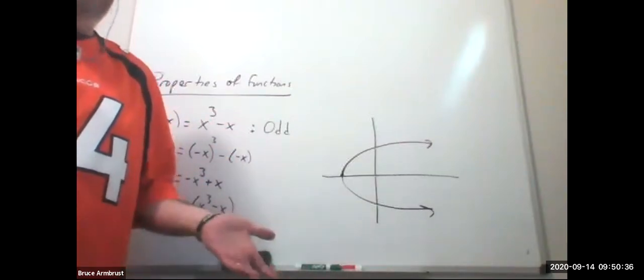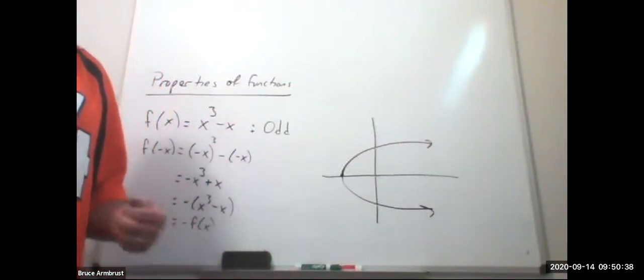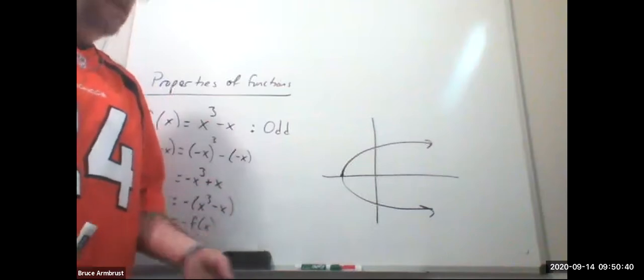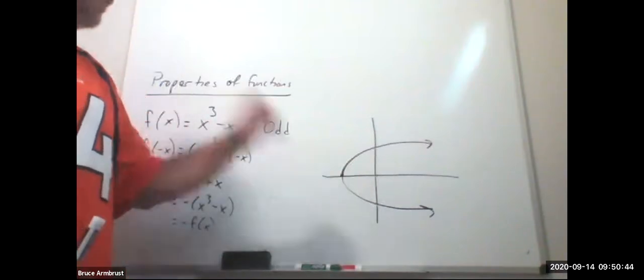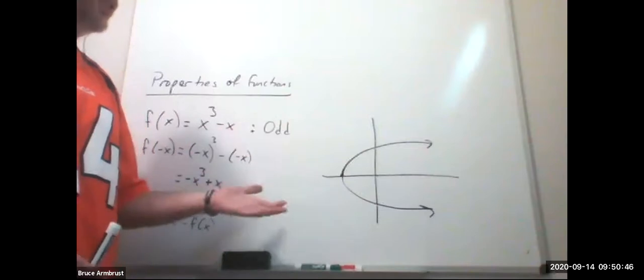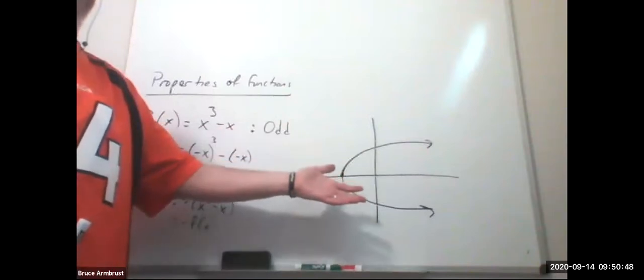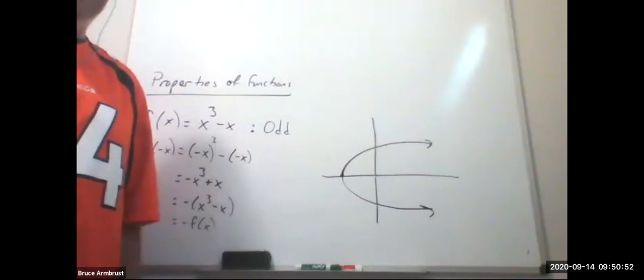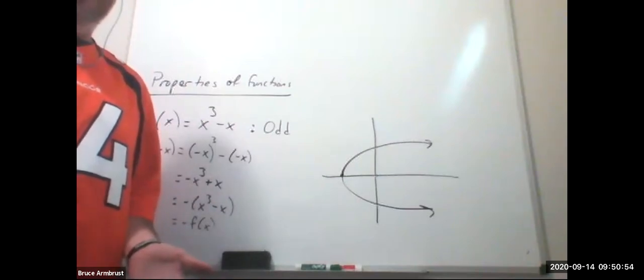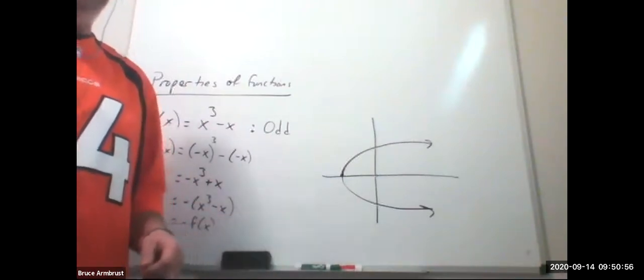No, that's not a function anymore. So if we're going to talk functions, we don't care about the symmetry. If we're not concerned about it being a function, we can easily have the symmetry, right? I can draw this parabola on its side and have this kind of symmetry, but it's no longer a function, so that's why we don't care about it.